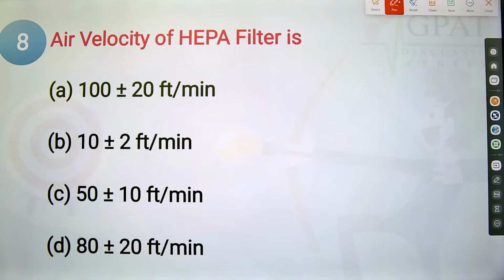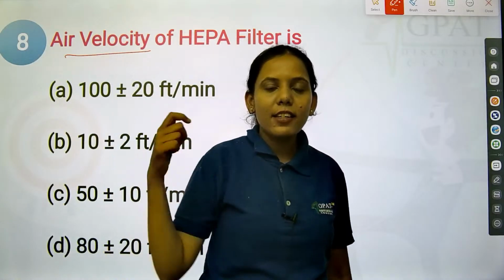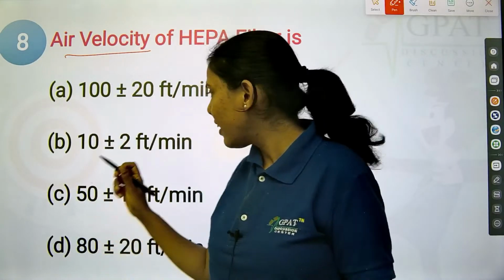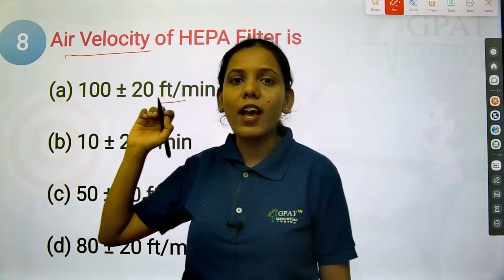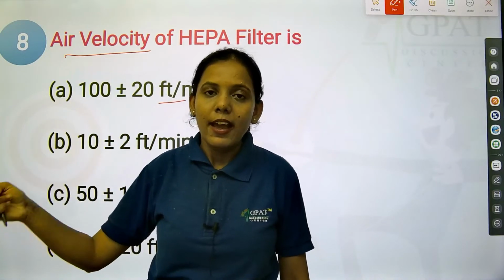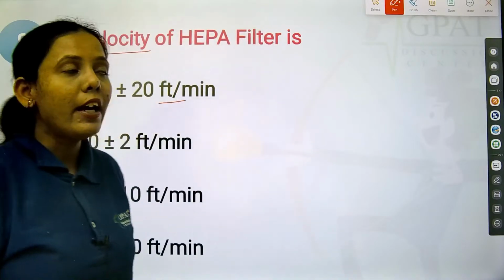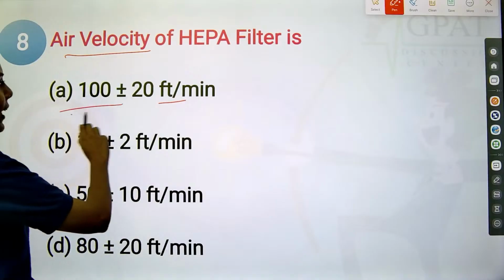See, there is a difference. Air velocity, not the flow rate. That is the reason we have kept the question. Many students just read this one, feet per minute, and they will answer. Air velocity is different, flow rate is different. When we talk about air velocity, remember it is option A, 100 plus minus 20 feet per minute.